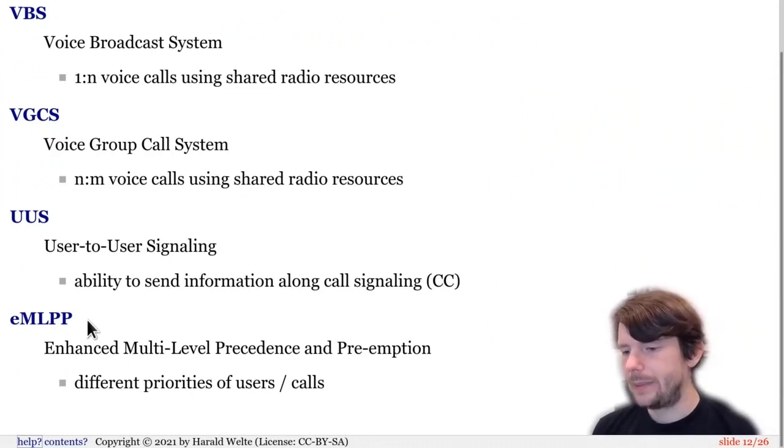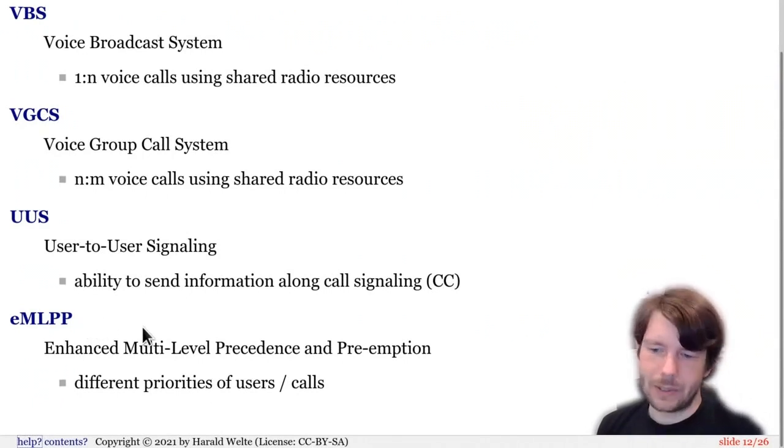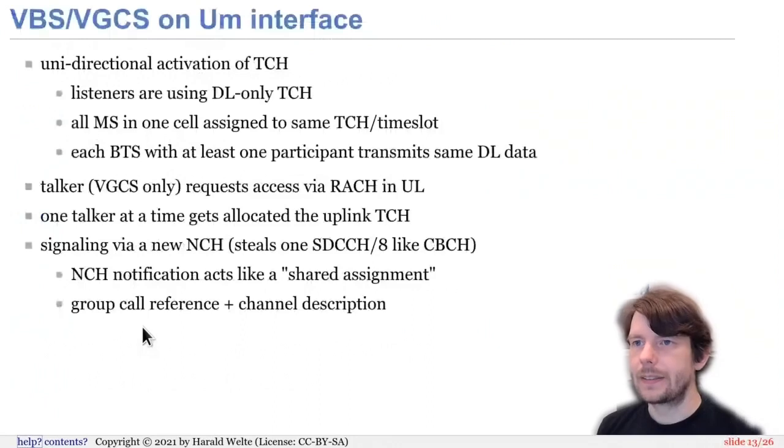And this basically means that subscribers and/or their calls can be put into different priority classes, and the BSC will preempt lower priority calls if higher priority calls come in and there's no resources available. A little bit like emergency calls work, but with different classes in this case.